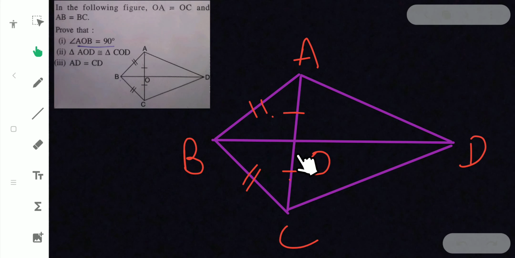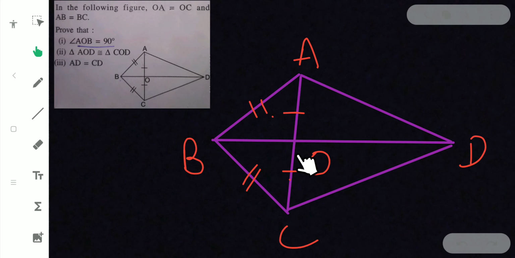This angle is equal to this angle. So I am writing directly that step. Angle COB is equal to angle AOB.